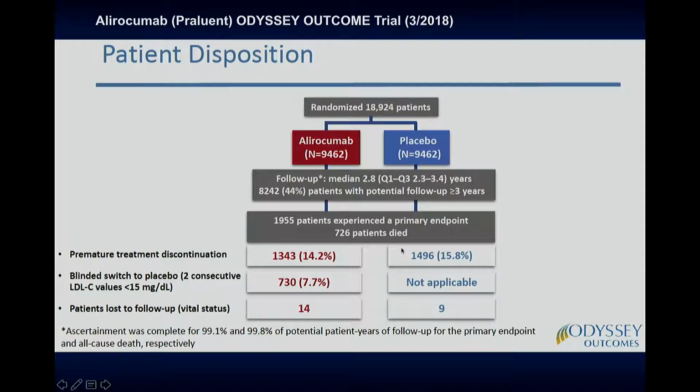Now, we've also had presented but not yet published the Odyssey Outcomes trial, which was with the second kind of agent. Evolocumab is the commercial name of Repatha, alirocumab is Praluent. And in this 18,000, almost 19,000 patient study, these patients had established coronary disease, but were presenting at the time of an acute coronary event.